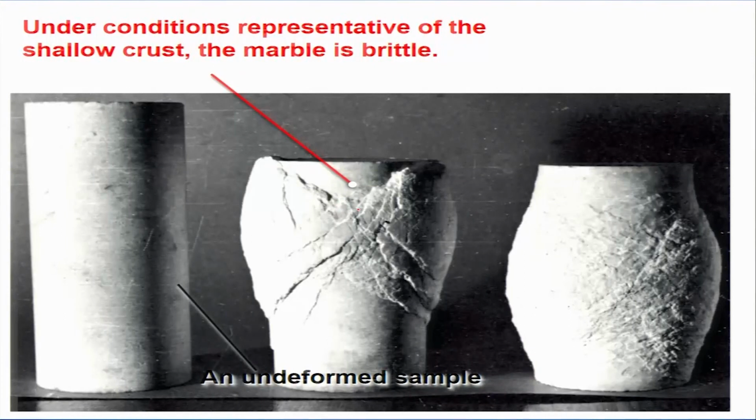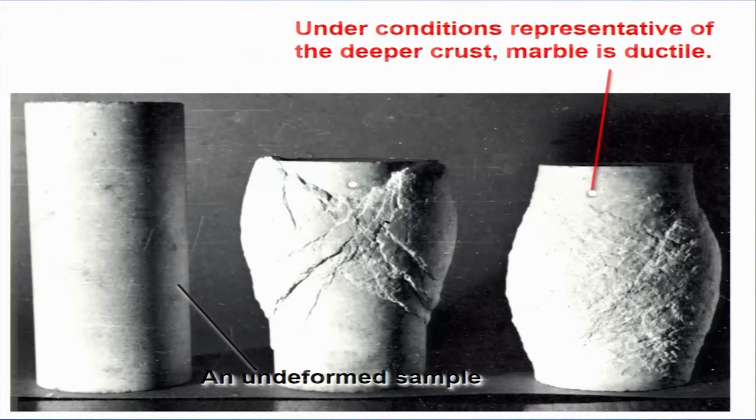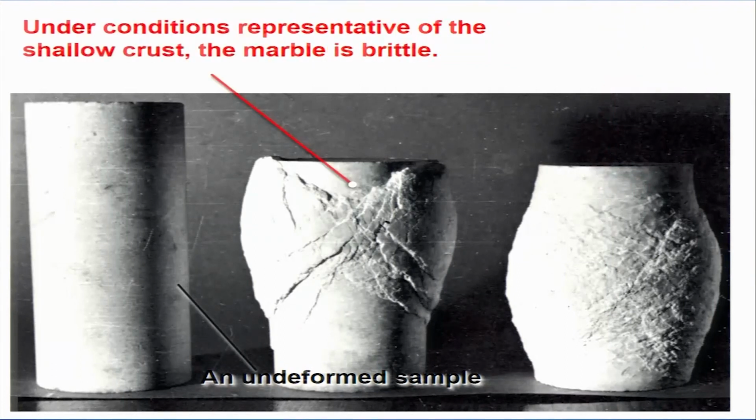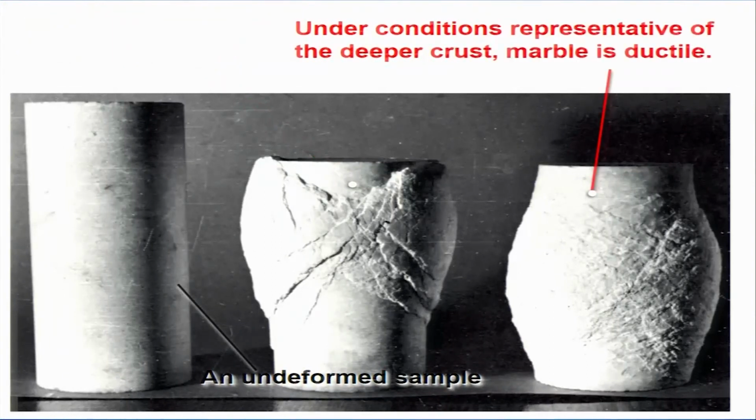You will see the fractures which develop, and the same thing happens during an earthquake. Under ductile conditions, you will just deform the material, and this represents the deeper part of the crust. So what we see is mostly the shallower part, and the earthquakes we experience are because of the fracturing, displacement or slip in the shallower part of the crust.